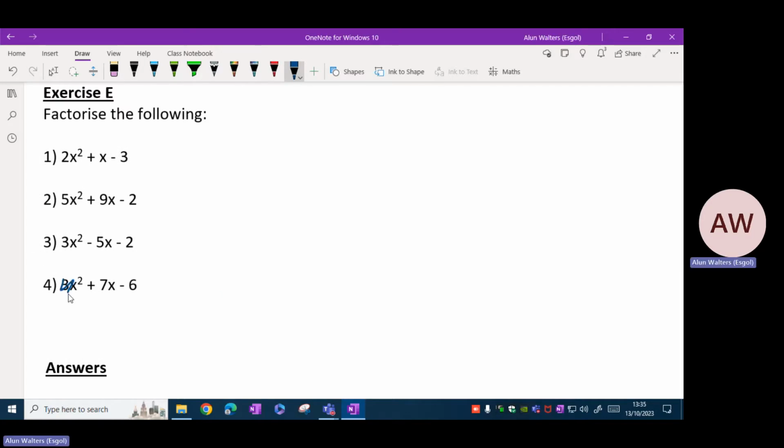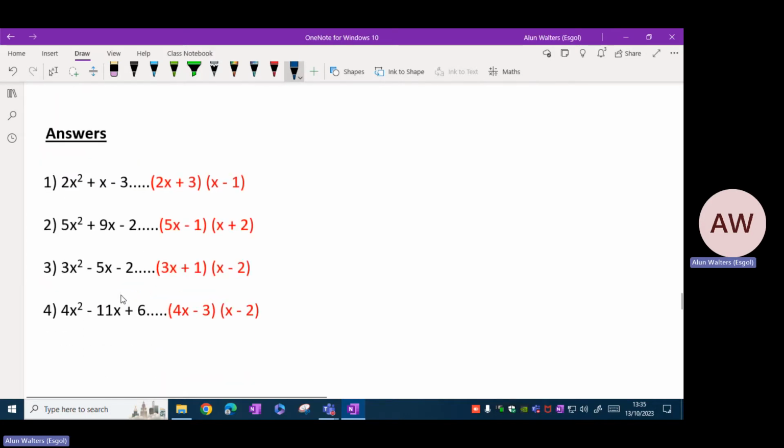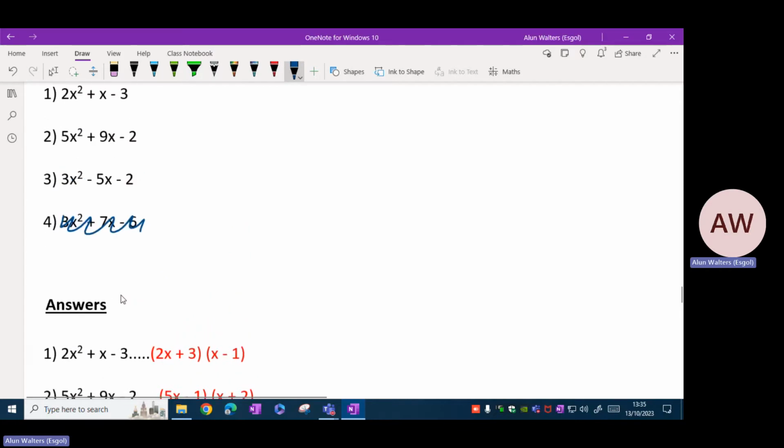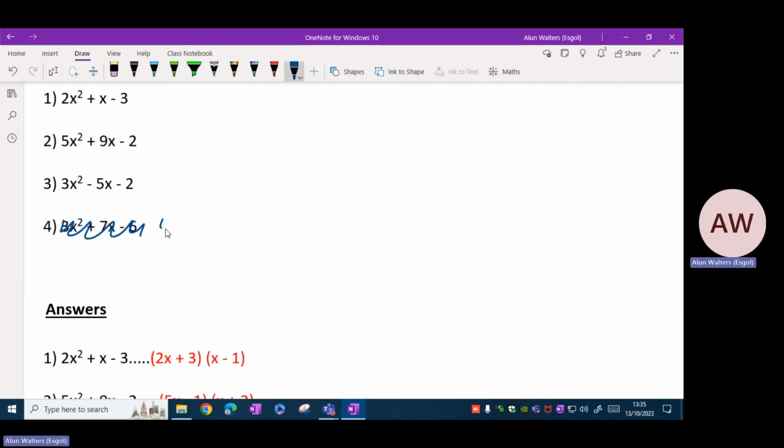This value I've changed, or rather, should I say that question I've changed. So I'll write down 4x squared minus 11x plus 6. Okay, if you try that one before I show you the answer to it.